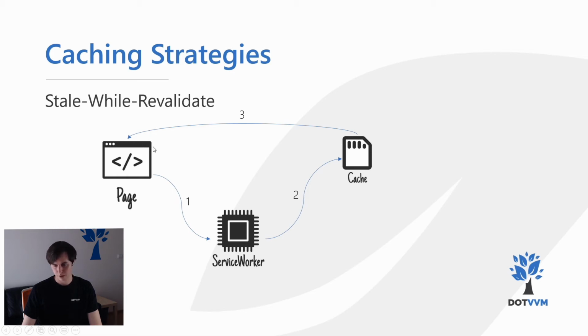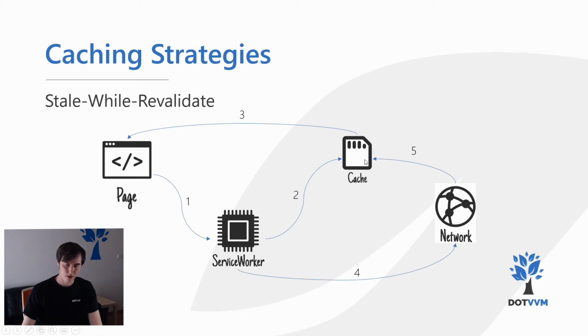What happens after that is that the service worker in the background runs the actual request to the server. So for the file that you asked, it first returns it from the cache and then asks for the same file to the server and saves the current version to the cache. We'll see how this behaves in the following example.